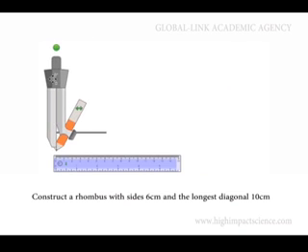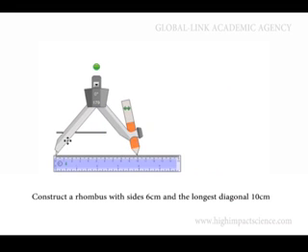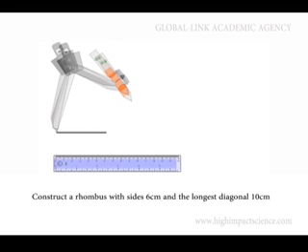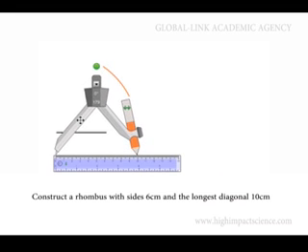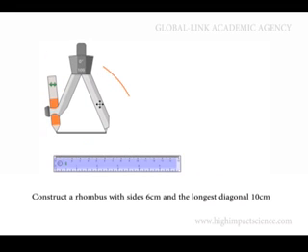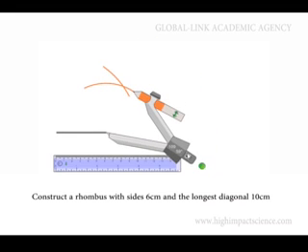We measure 10 centimeters, place the compass at one end and mark an arc. We measure 6 centimeters, place the compass here and cut an arc over there.